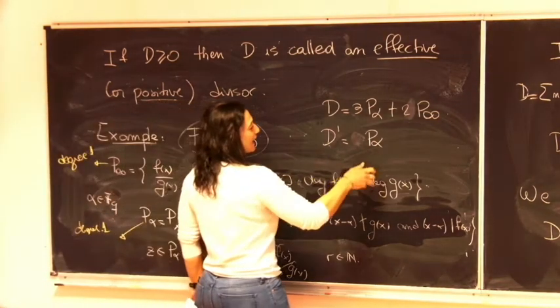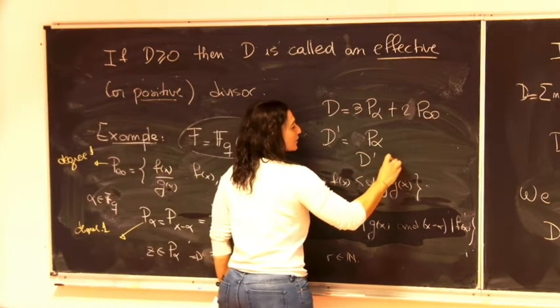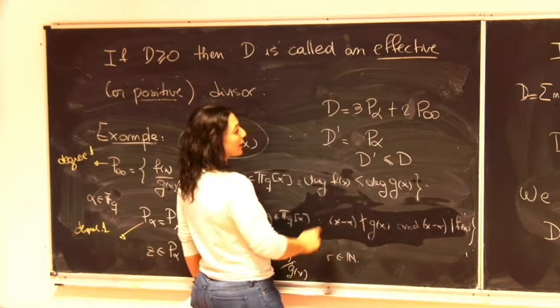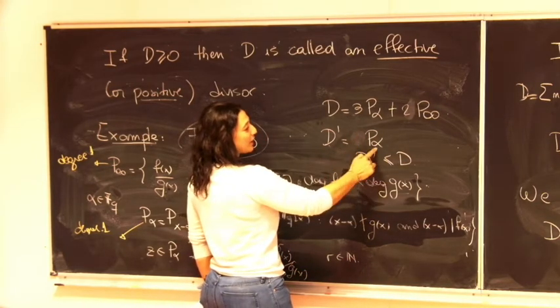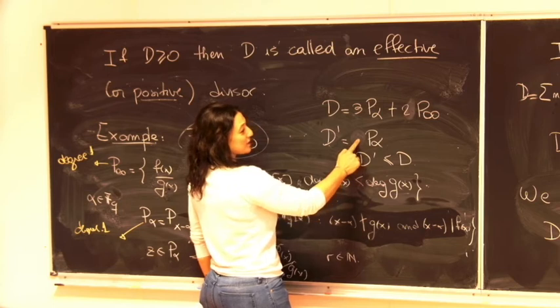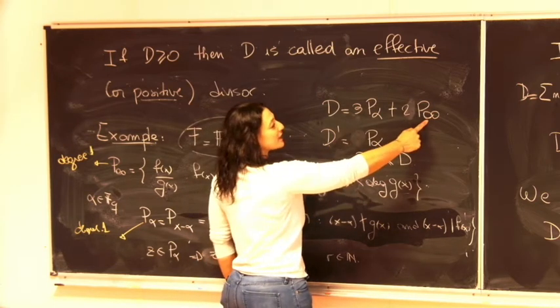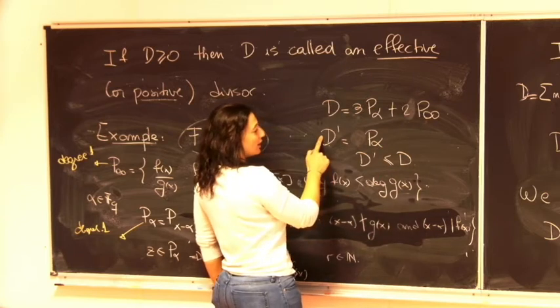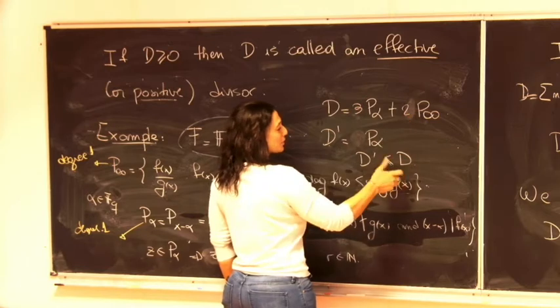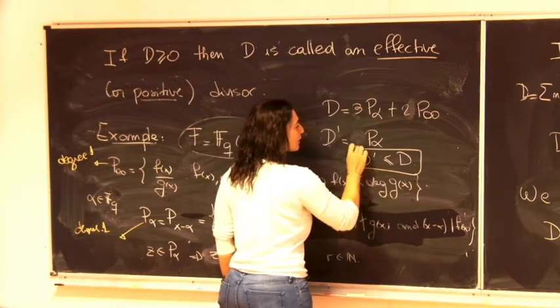Because in this case, D prime is less or equal than D. Because the coefficient of p alpha is 1, which is less than 3, and the coefficient for p infinity in this divisor is 0, and in this divisor is 2. So these two can be compared.